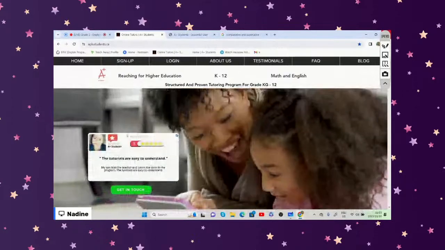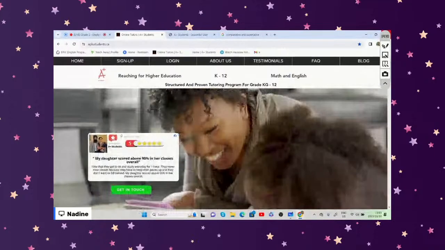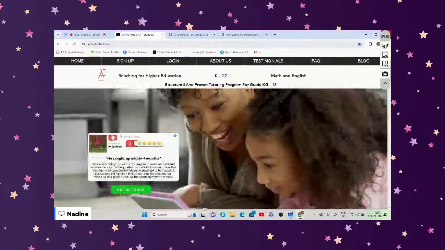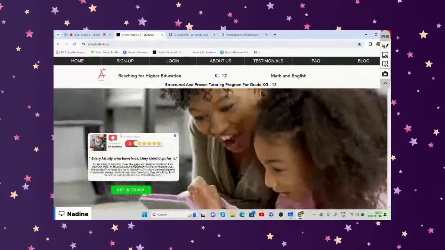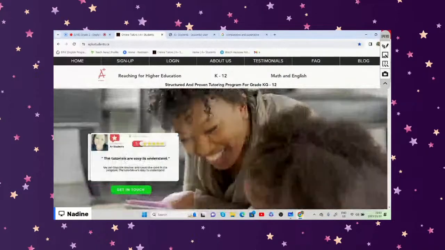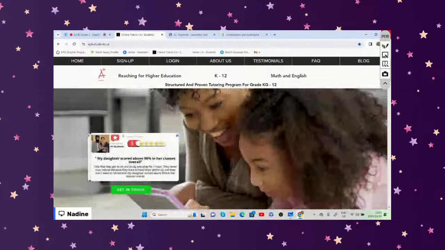Once we've logged into aplusstudents.ca with our username as well as our password, we're going to select the subject of language arts, and then grade 2.